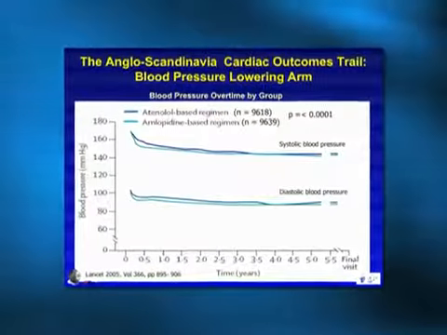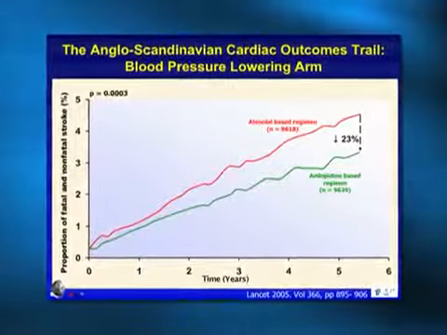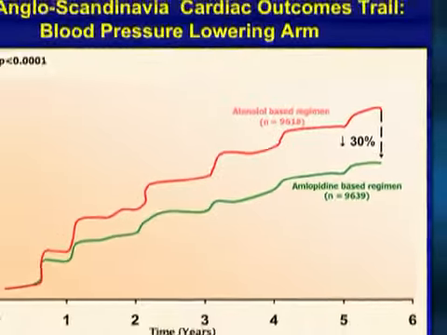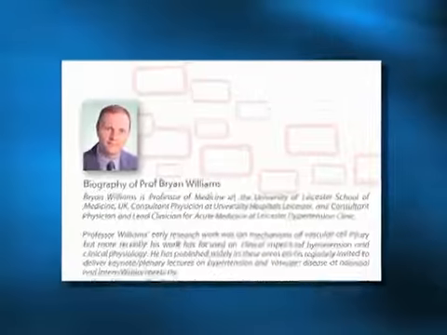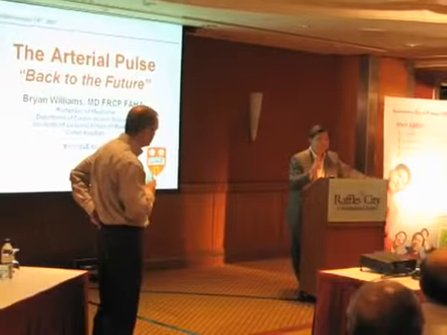But at the end of 5 years, the group treated with a certain drug, beta blockers, has 23% more strokes and 30% more diabetics compared to the second group. There was nothing you could find to tell between the two if you looked at the statistics on the surface, until Professor Brian Williams, the author of CAFE, showed this is true: the central pressure is the one that you have to monitor, not the brachial pressure.